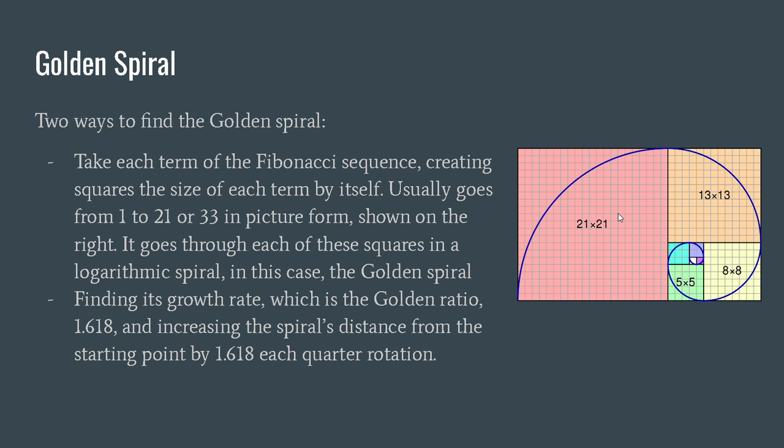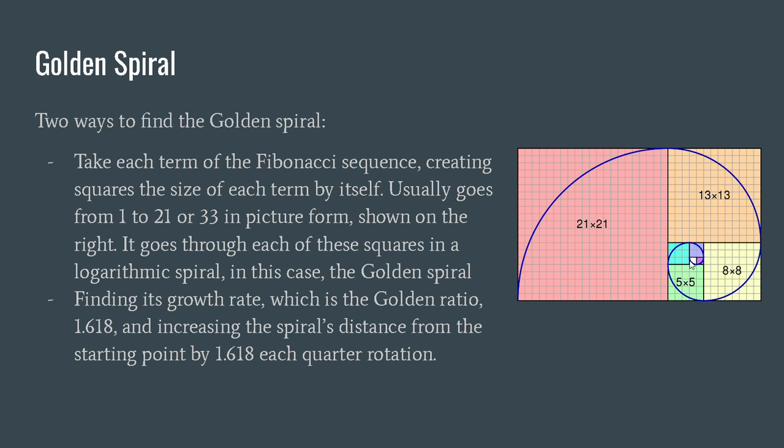Essentially, this creates the spiral by going through each of these squares, and it actually starts at 1 by 1 and goes outward. This is known as a logarithmic spiral, and the growth rate of this spiral itself is actually the golden ratio.